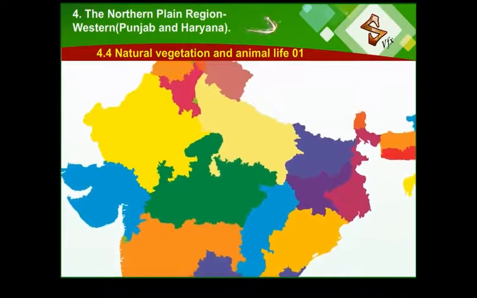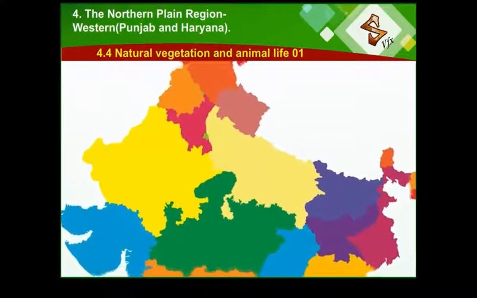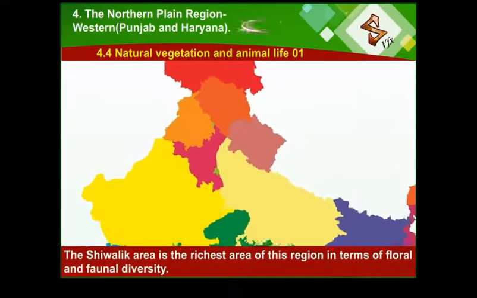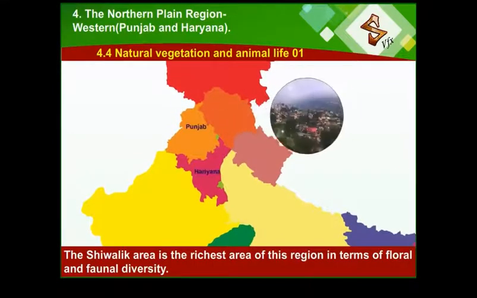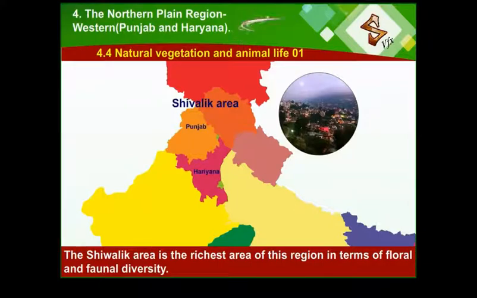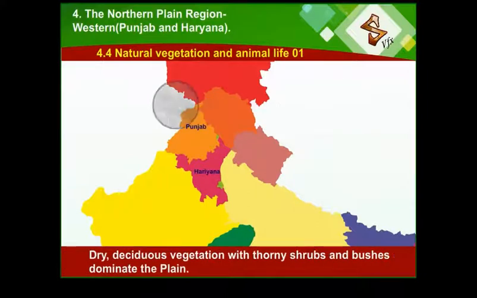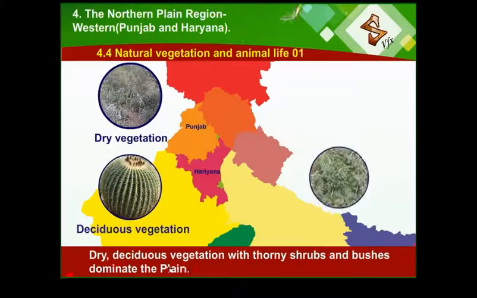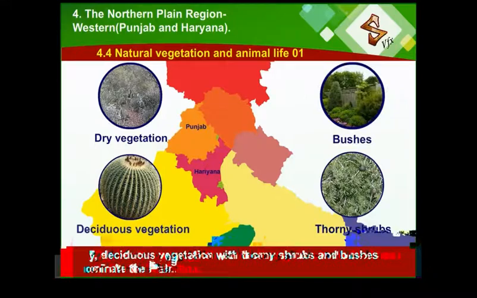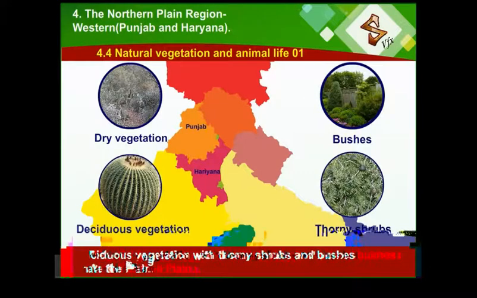4.4 Natural vegetation and animal life. The Shivalik area is the richest area of this region in terms of floral and faunal diversity. Dry deciduous vegetation with thorny shrubs and bushes dominates the plain.